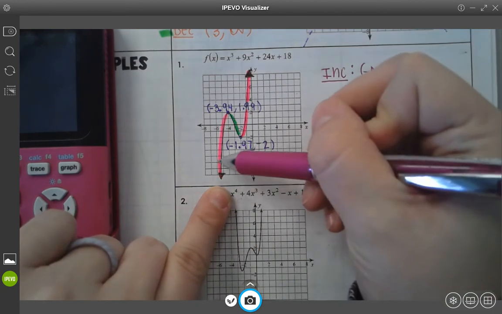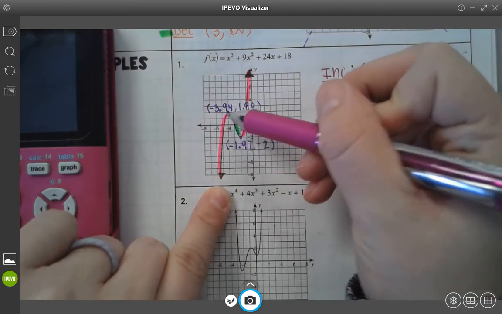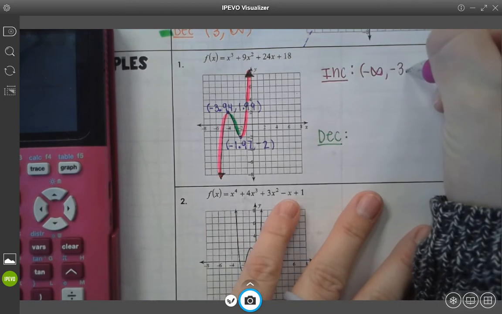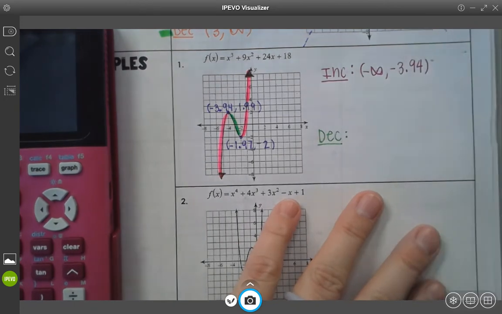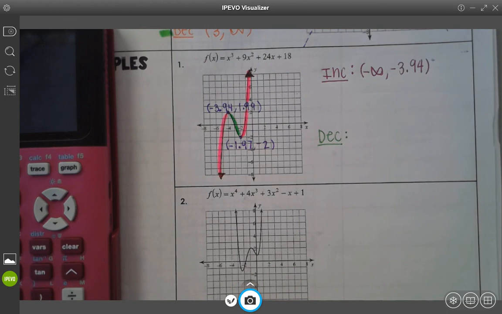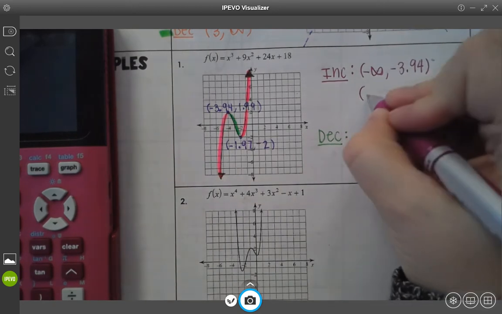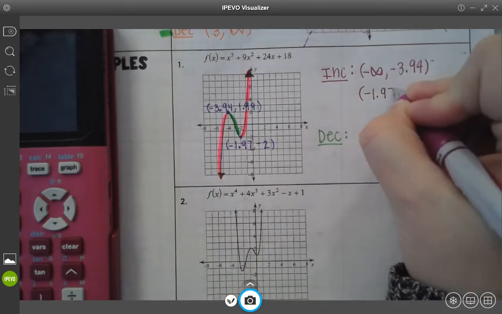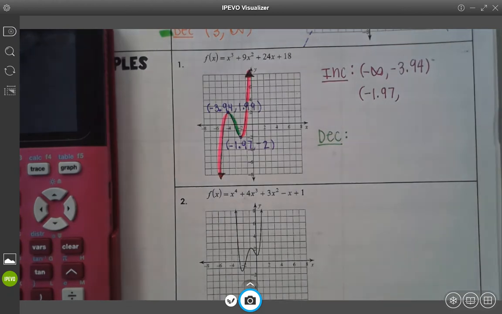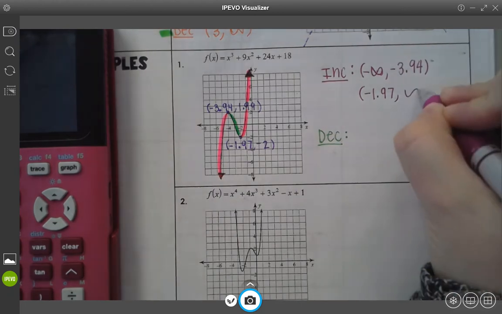Where does it stop increasing? What about the other increasing interval? Where does it start? Negative 1.97. Where does it stop? Positive infinity.